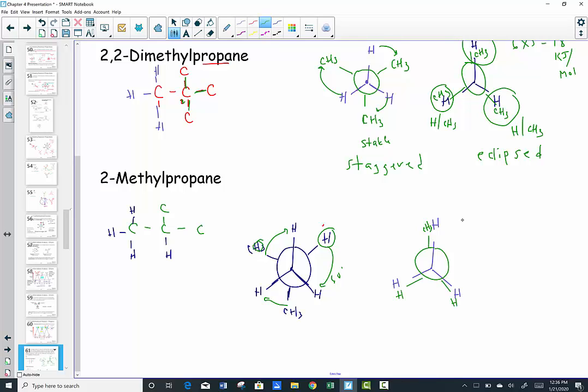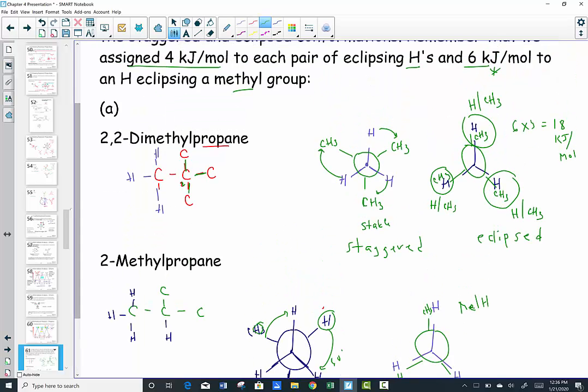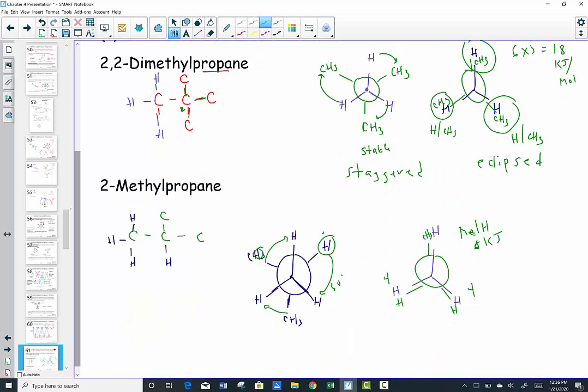So here we have a methyl hydrogen interaction. And what did we say those cost? A methyl hydrogen was 6 kJs. And each hydrogen to hydrogen was 4 kJs. So here's 4 and here's 4 more for those bottom bonds. So we had 6 plus 4 plus 4 is 14 kJs.